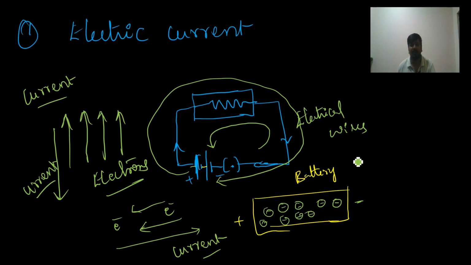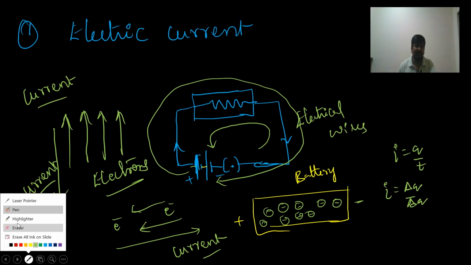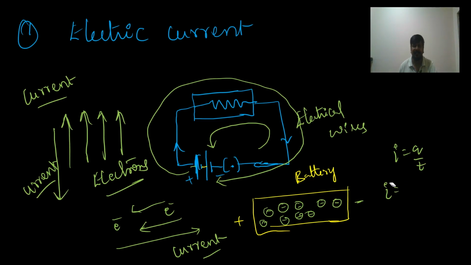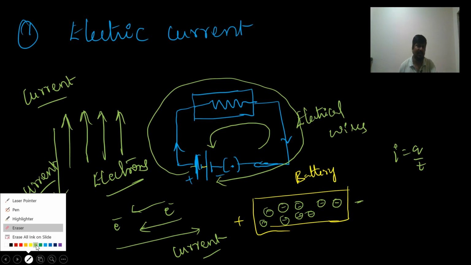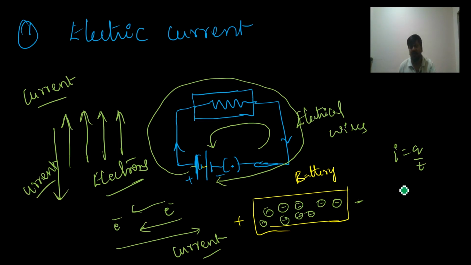So I equals Q by T. If you are taking the rate with respect to time, I equals delta Q by delta T. Then what is the SI unit of current? Ampere.